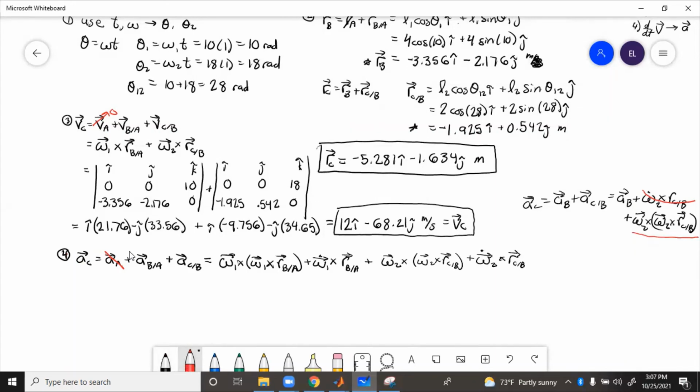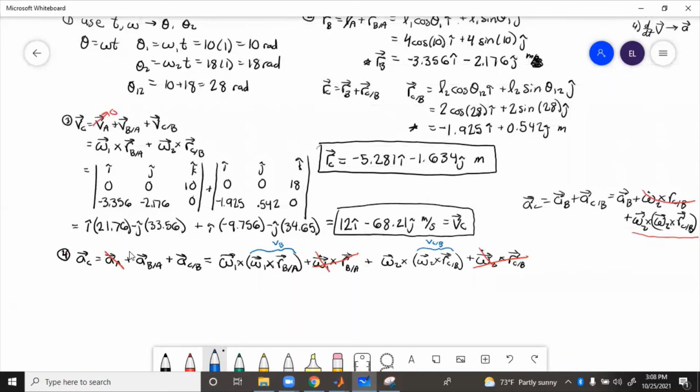Now here, because angular acceleration is 0, omega is constant, this is 0. And then this is 0. So we still have 2 additional cross products. This part, we have already found, this is VB. And then this part is VC with respect to B. So we've already found these 2 pieces.